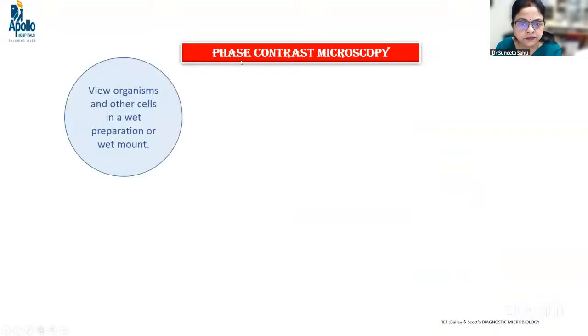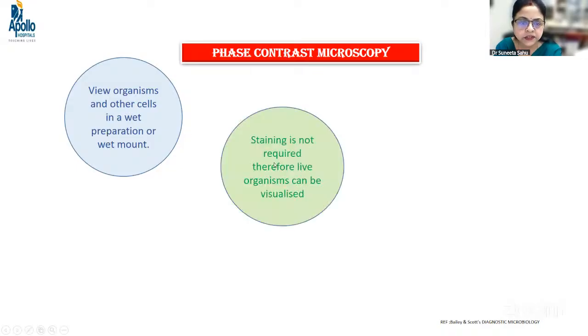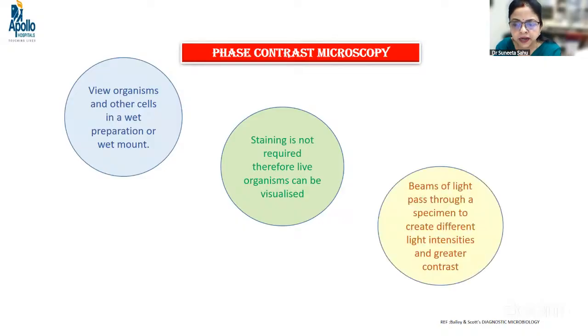Now, in phase contrast microscopy, we view the organisms and other cells in a wet preparation or a wet mount. Staining is not required, therefore live organisms can be visualized, which is advantageous. And beams of light pass through a specimen to create different light intensities and a greater contrast.